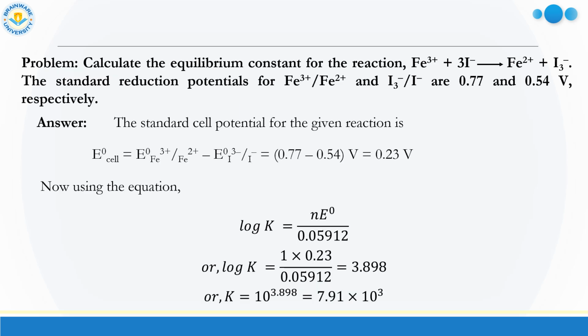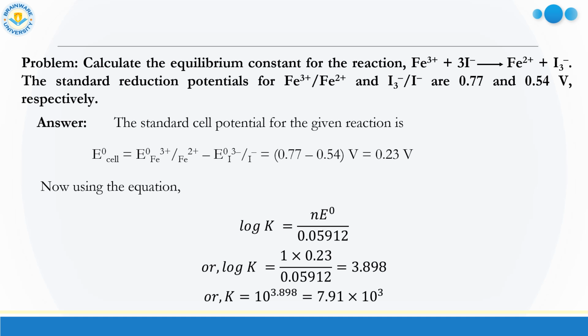Let us discuss a problem regarding calculation of equilibrium constant. Say for example, we want to calculate the equilibrium constant for this cell reaction where the standard reduction potentials for the half cells are 0.77 and 0.54 volt.